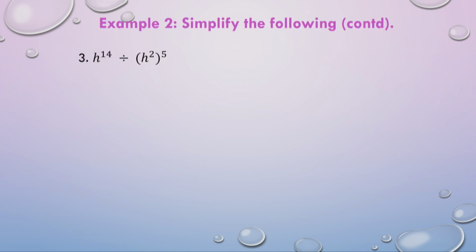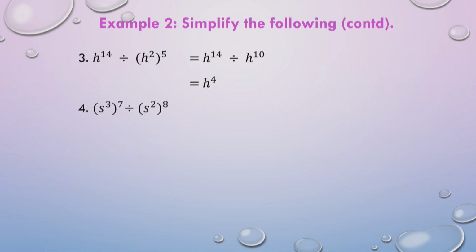Third part, h to the power of 14 divided by h squared raised to the power of 5. So I get h to the power of 14 divided by h to the power of 10. Now I need to apply the division law of indices. So I subtract the powers, which gives h to the power of 4.